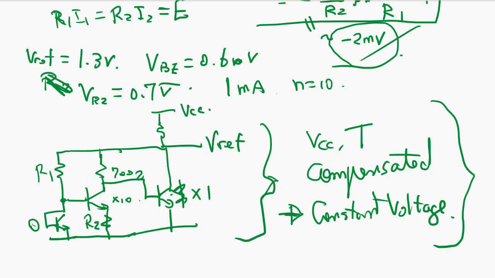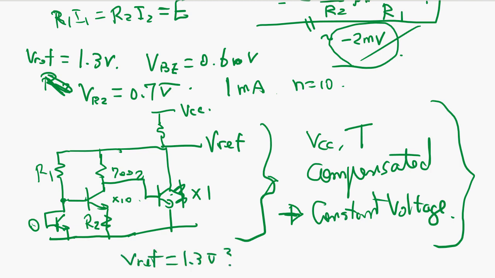Okay, and using this we can create a constant current source, and we can compensate for temperature. So there are many ways to do it. And also Vref has to be around 1.3 volt.